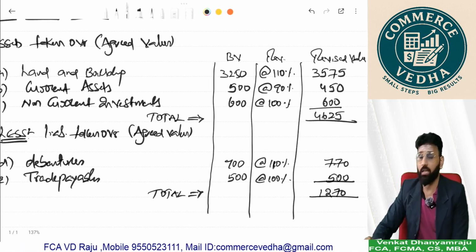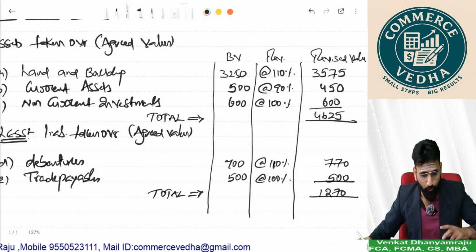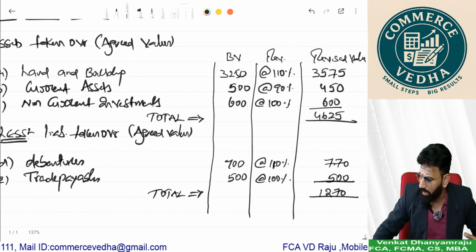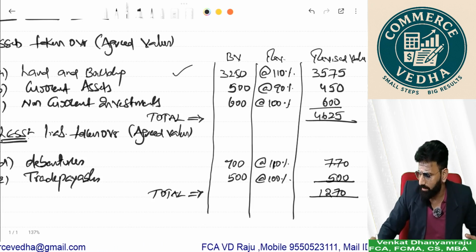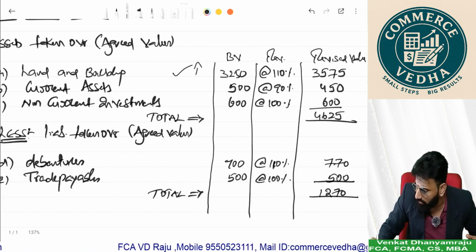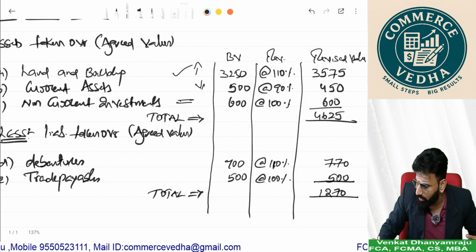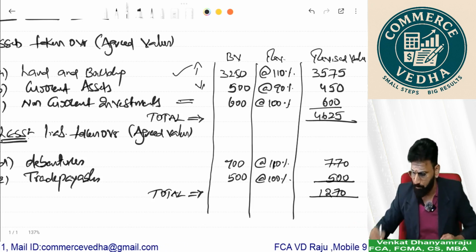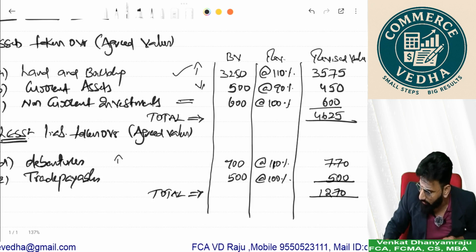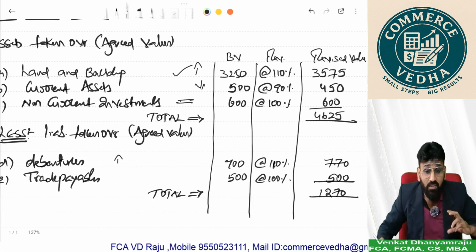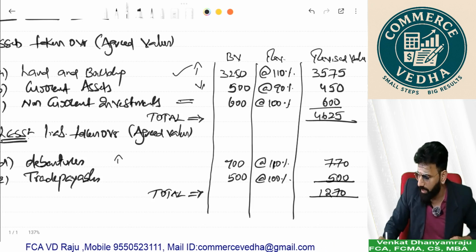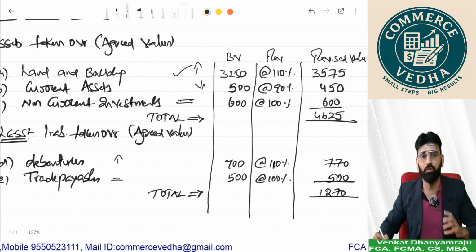So assets taken over 4625, land and building at a higher valuation, current assets at a lower valuation, and non-current investments at an equal valuation, debentures at a higher valuation because discharging at a premium, and trade payables at equal valuation, book value.